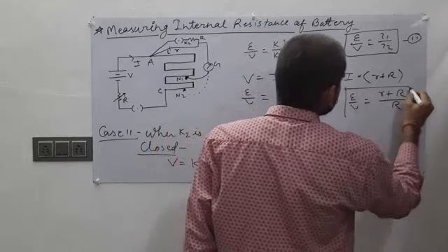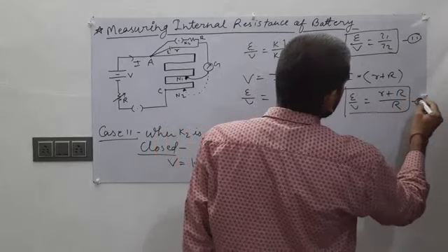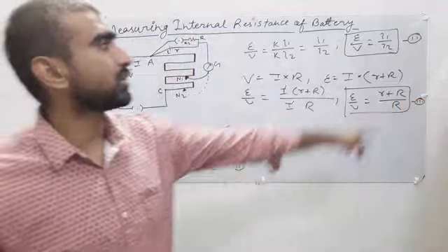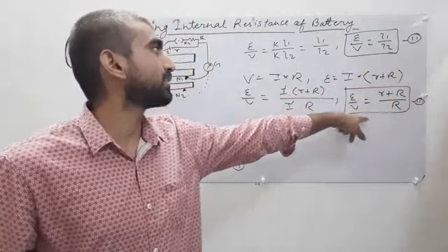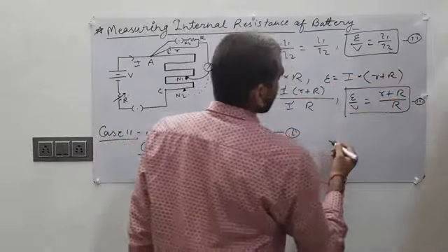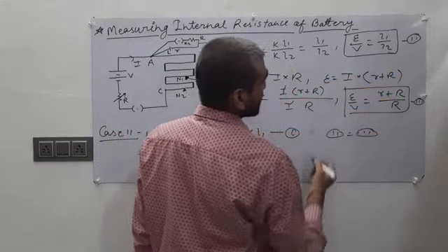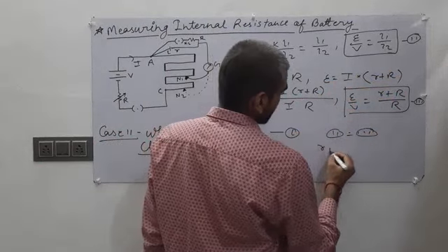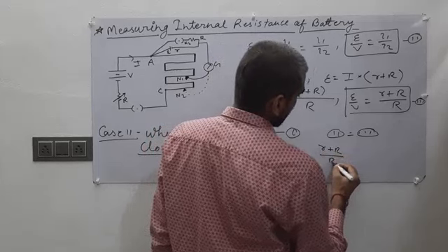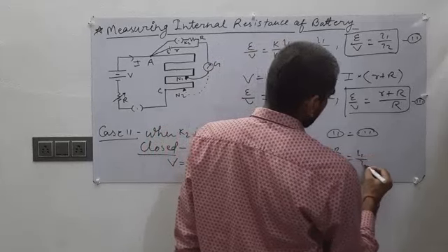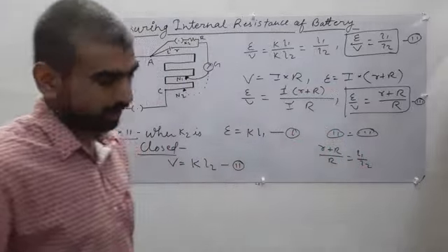Now, this is equation number 4. Now, we can relate equation number 3 and equation number 4. That means (r plus R) upon R equals L1 upon L2.